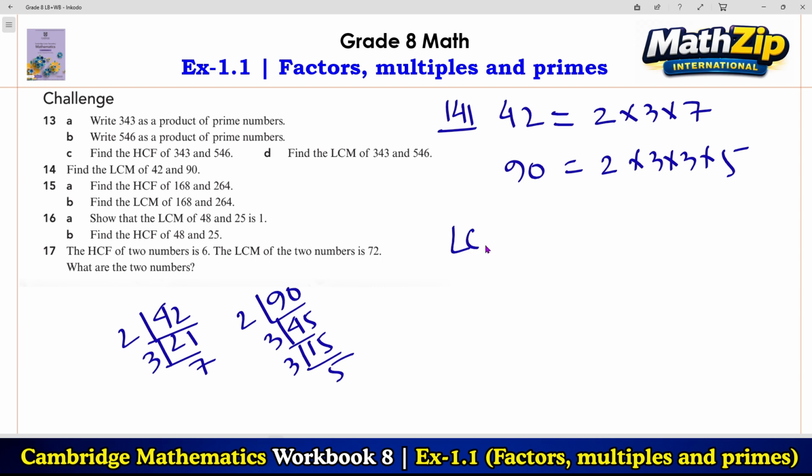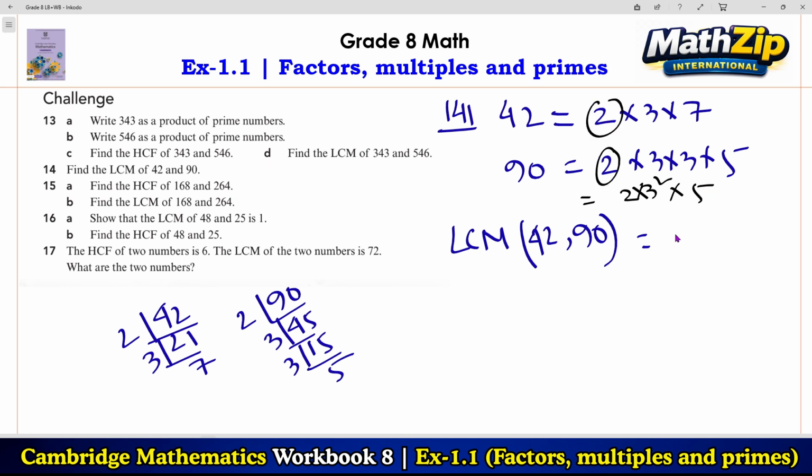So what is the LCM of 42 and 90? First we have to take everything, common and uncommon. This one we can write as 2 times 3 square times 5. So we will take 2, then 3 square, then 5, and also this 7.